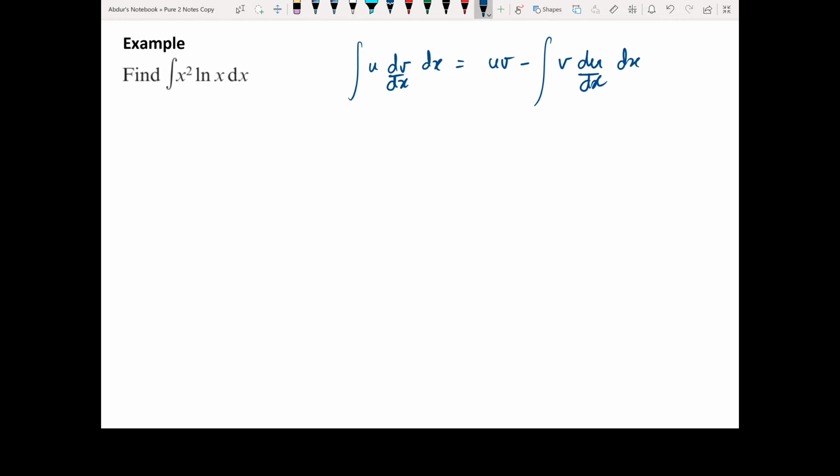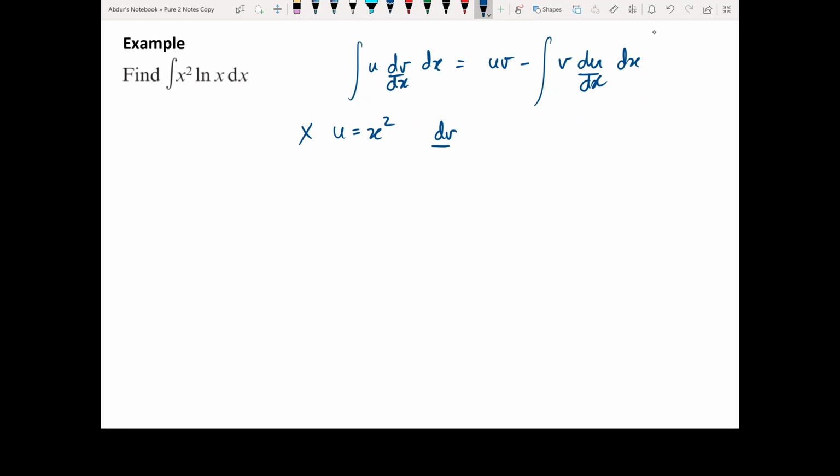So here we can choose u to be x squared, but there'll be a problem that will arise if we did choose u to be x squared. I mean, x squared obviously differentiates to give us 2x, which is quite simple enough. But if we did that, so u is equal to x squared, this is the incorrect way.